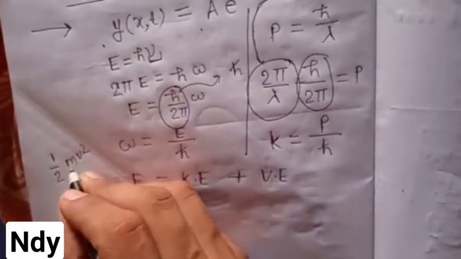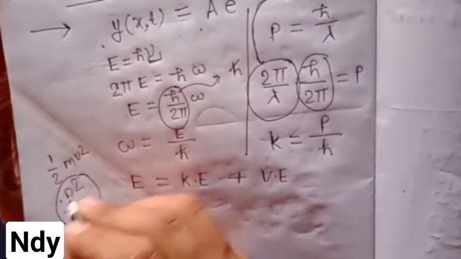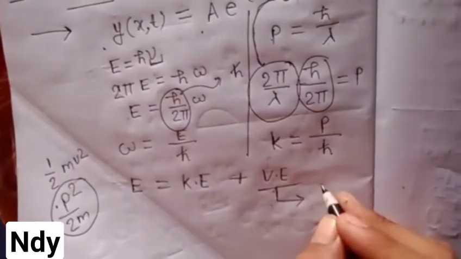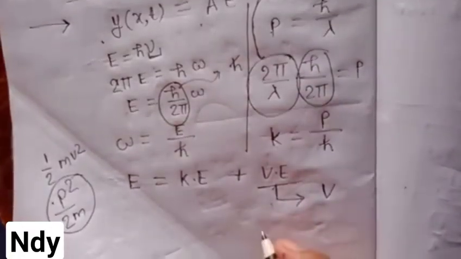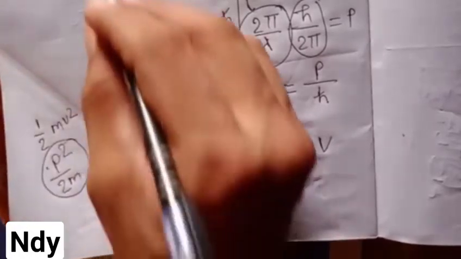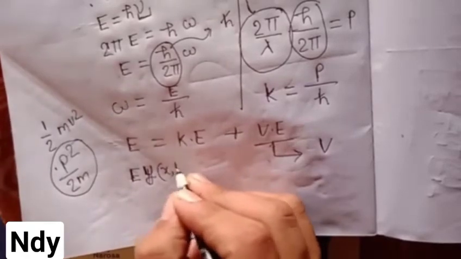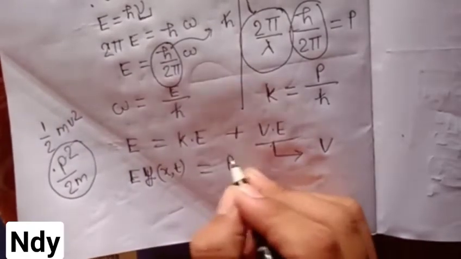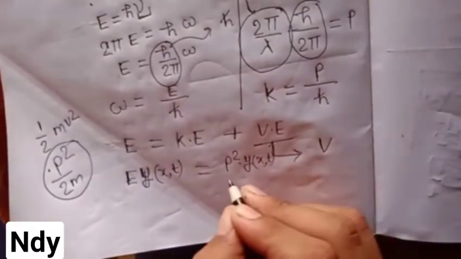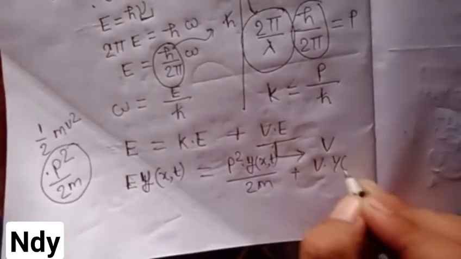So we can write this as p square by 2m, and say that the potential energy be V. So we can write E psi, we have taken the wave function as psi, E psi is equal to p square psi(x, t) upon 2m plus V psi.